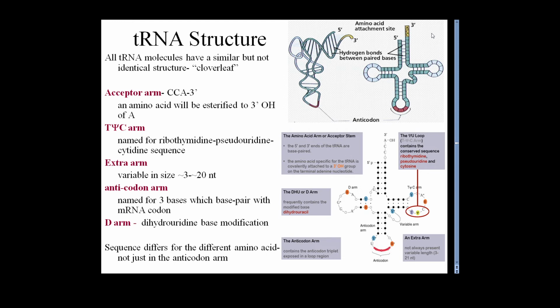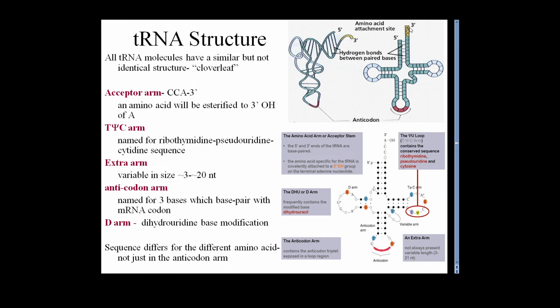All tRNAs have on the 3' end the same sequence: cytosine, cytosine, adenine, and to the last ribose of the 3' end the active aminoacyl adenylate will be associated.